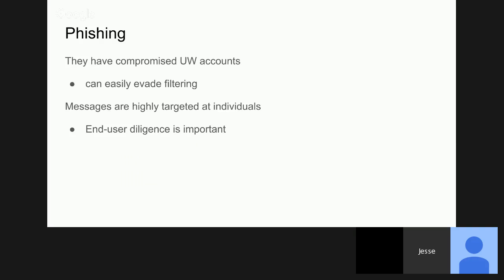So even if we had all the greatest spam scanning appliances in the world in front of our system, they could eventually craft a message to get through undetected and phish anyone they wanted to on campus. So it's really important that we stress end user diligence in the meantime until some sort of miracle magic anti-phishing technique is invented. All right, any questions on phishing?